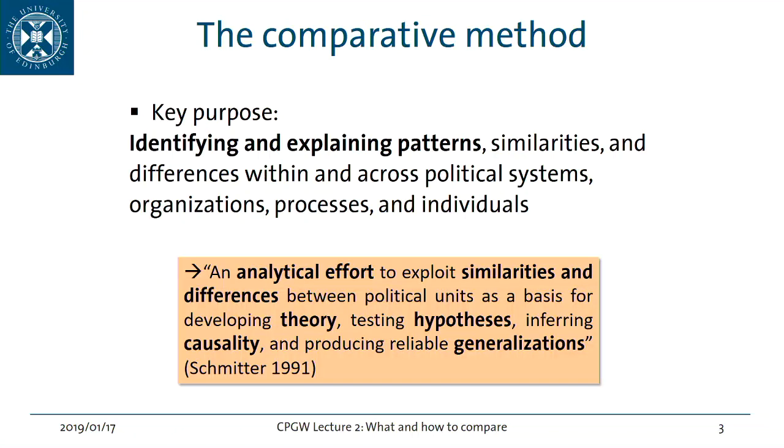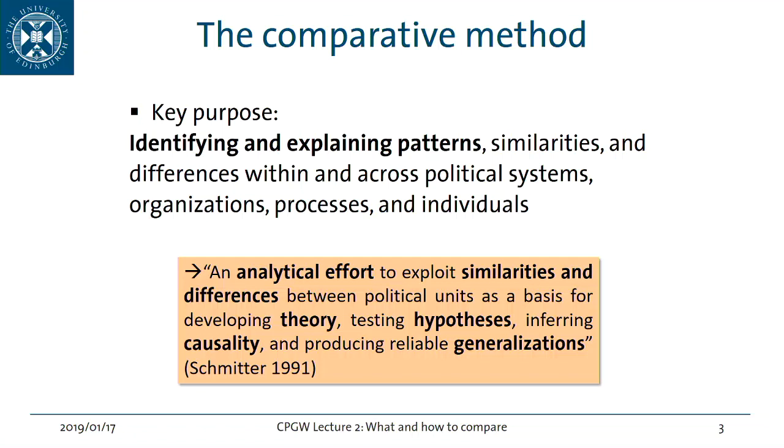So remember, this is basically the same definition that we had on Monday already. The key purpose, our key job when we do comparative politics, is that we want to identify patterns. So we don't only want to say, well, this system looks like that, and that system looks like this, but we want to say something general about, for example, proportional systems, presidential systems, systems with prosperous economies, and systems with less prosperous economies.